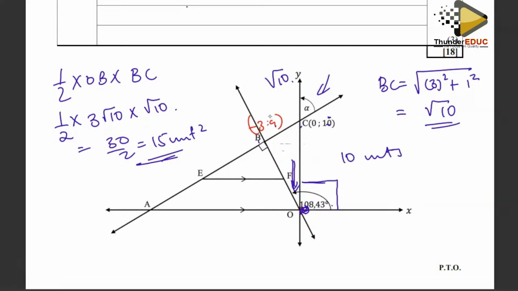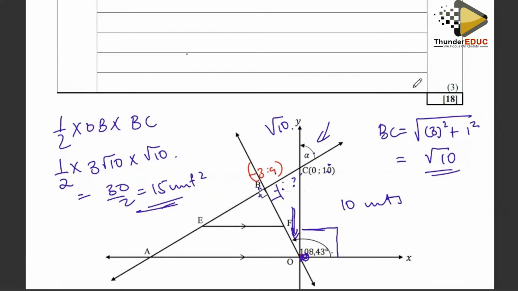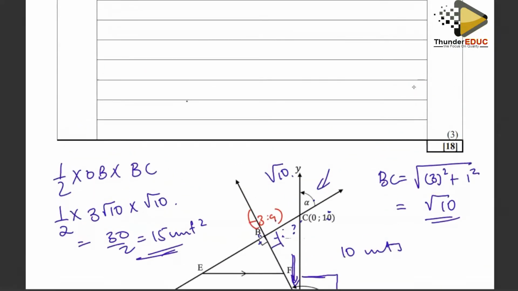Then we know that this is also a 90 because these angles are just on a straight line. And then we can find this angle here, which should be vertically opposite. So we shall start with BOC. We're saying BOC is going to be 108,43 minus 90. 108,43 minus 90 gives me 18,43 degrees.